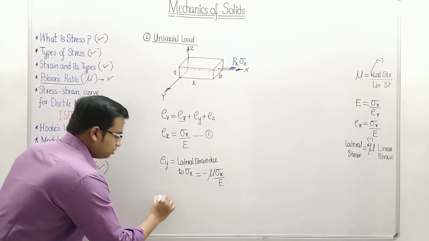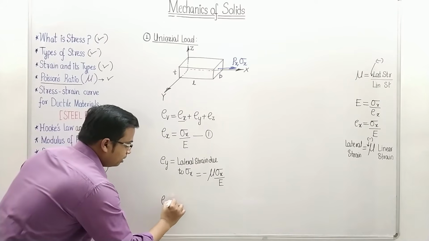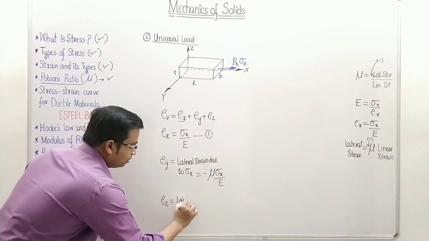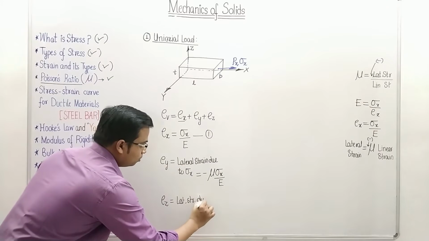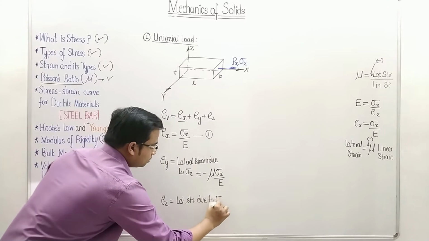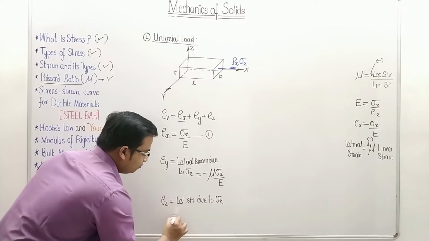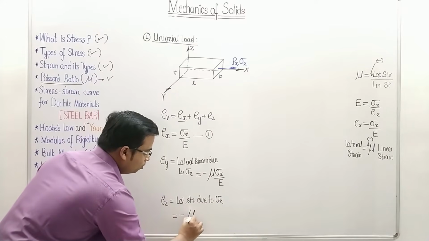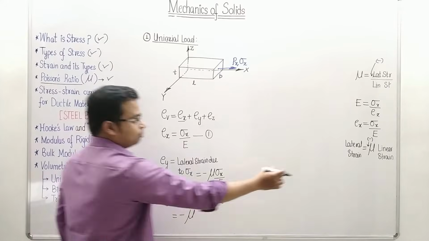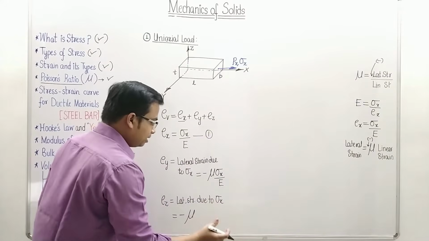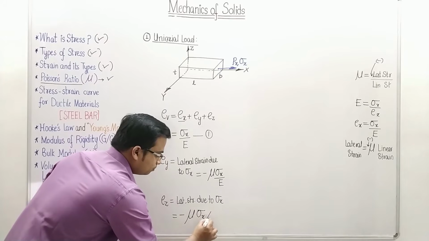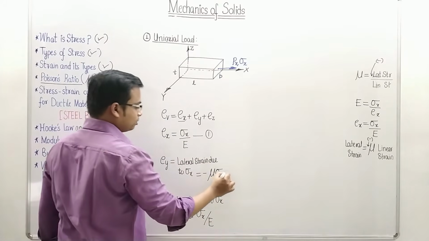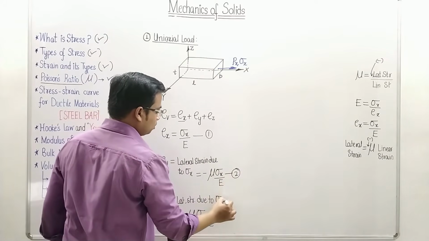In the same manner, there is Ez, which is again a lateral strain due to sigma x, equal to negative mu times the linear strain, that is sigma x over E. Now you've got all three values of strain.